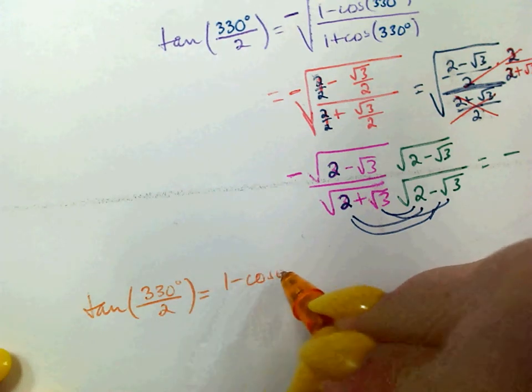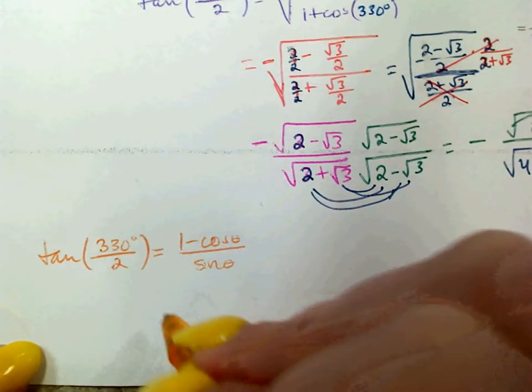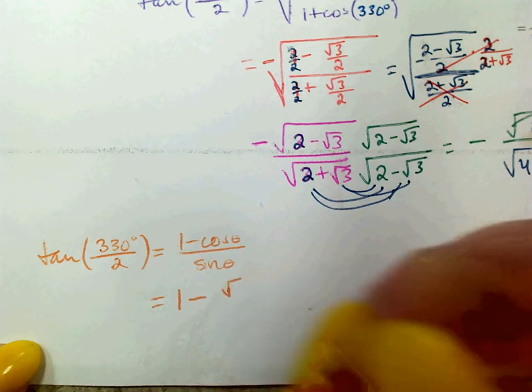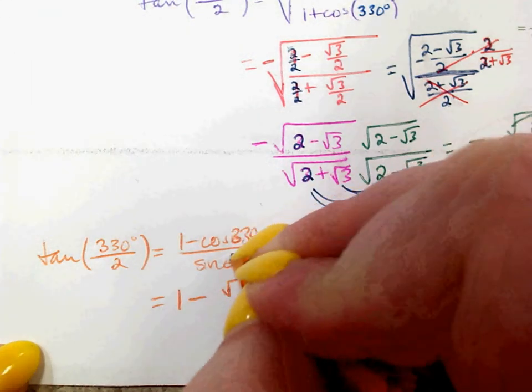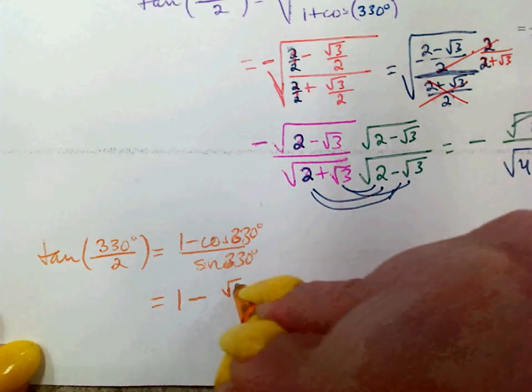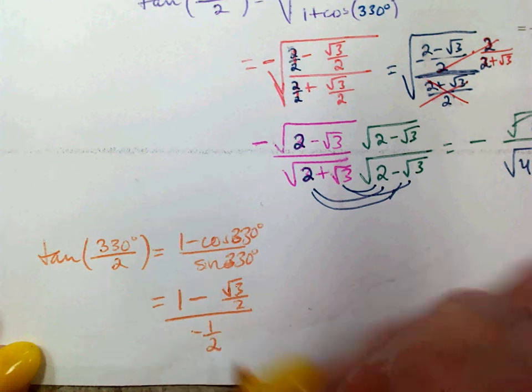So 1 minus, and I'm going to get this right, oh, dang it, that's 330. Okay. Cosine of 330 is square root of 3 over 2, divided by sine of 330, which is negative 1/2. And that's from the unit circle.